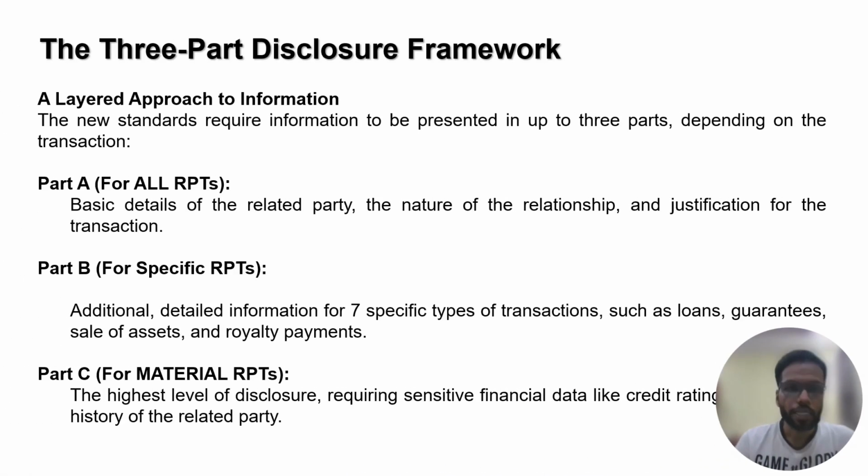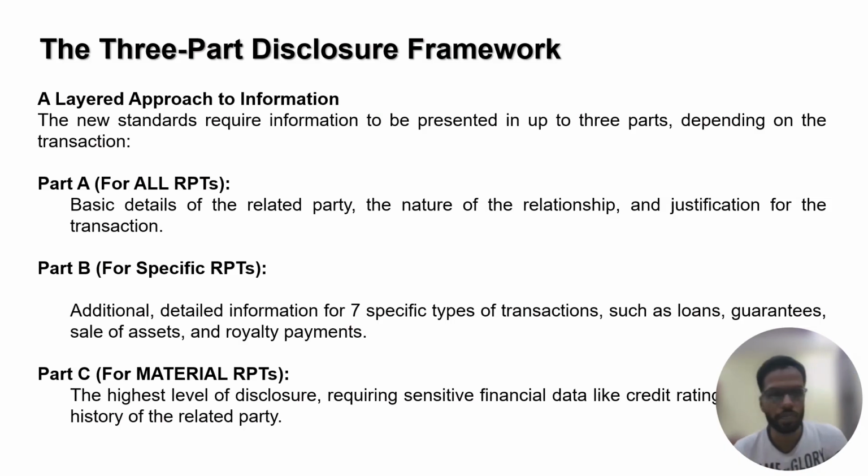If I summarize this industry standard for related party transaction approval, the disclosures are divided into three parts. They divided all the RPTs into certain buckets of what kind of information is to be placed before the relevant authority, which is the audit committee and the shareholder.